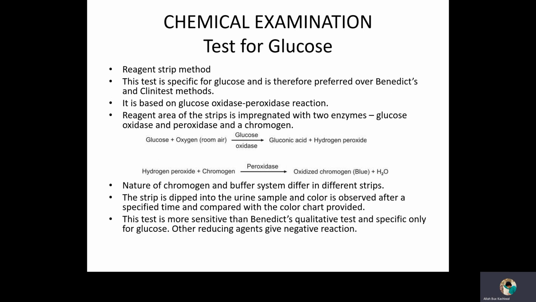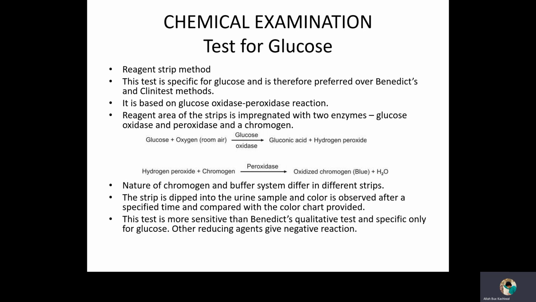Reagent strip method can be used for the testing of glucose. This test is specific for glucose and is therefore preferred over the Benedict's or the Clinitest method. It is based on the glucose oxidase and peroxidase reaction. The reagent area of the strips is impregnated with two enzymes, glucose oxidase and peroxidase, and a chromogen.